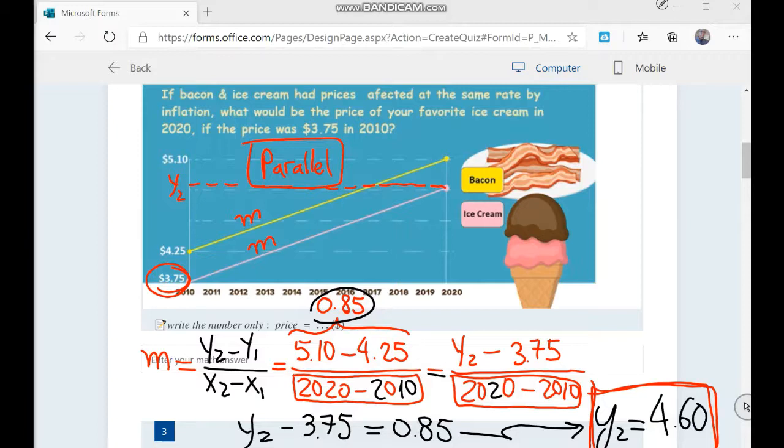And Talia 450. Jacob 450. Jermaine 450, Adrian 450. Nobody got 460, but most of you, more than half, actually found 450, very close to 460. The answer is going to be 460.